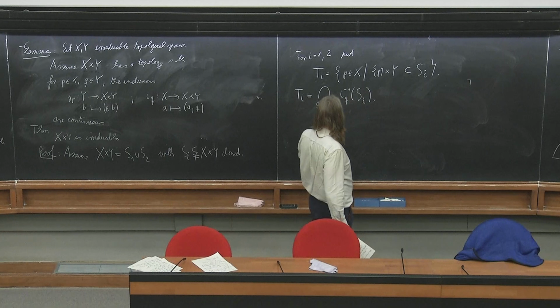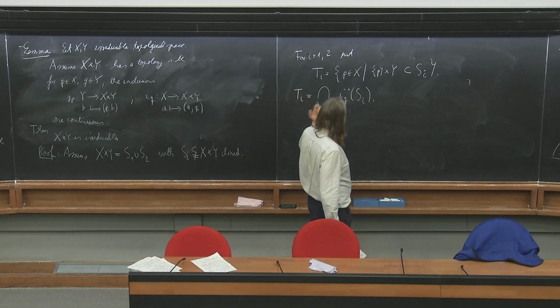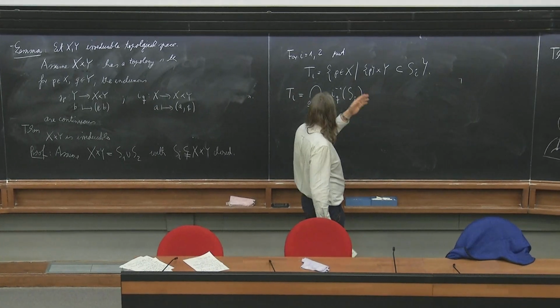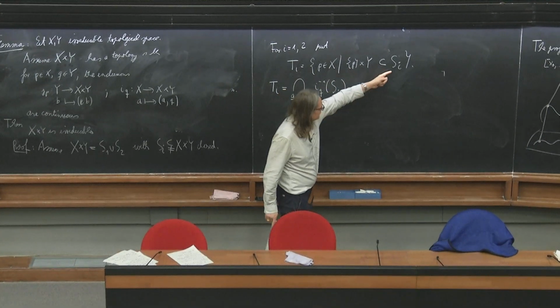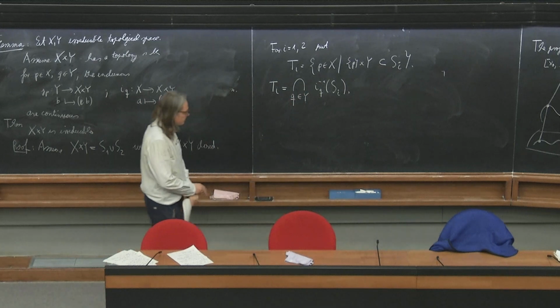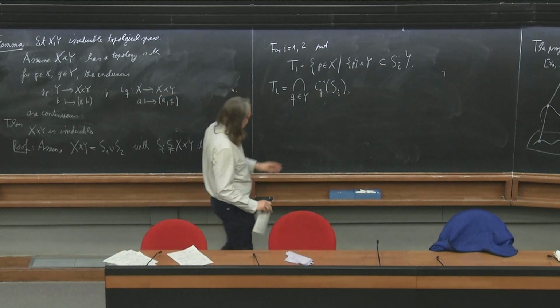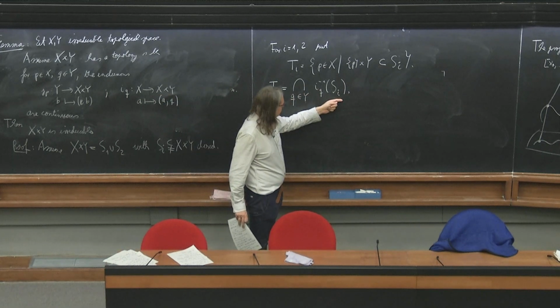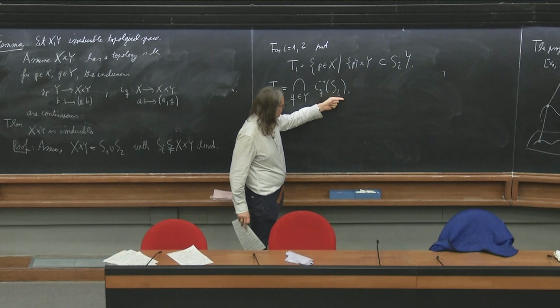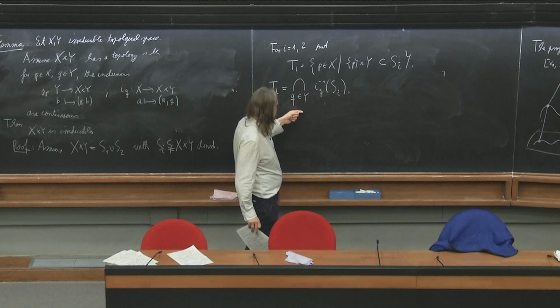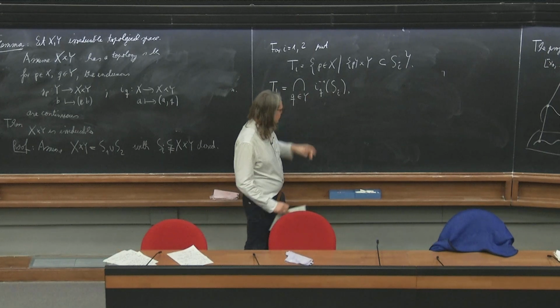But now if I make the intersection, it means that (p, q) must lie in S_i for all q in Y, which is the same as p times Y must lie in S_i. Okay, and so this is an inverse image of a closed subset by a continuous map, so it's closed. And we have an intersection of closed subsets, so this is closed.